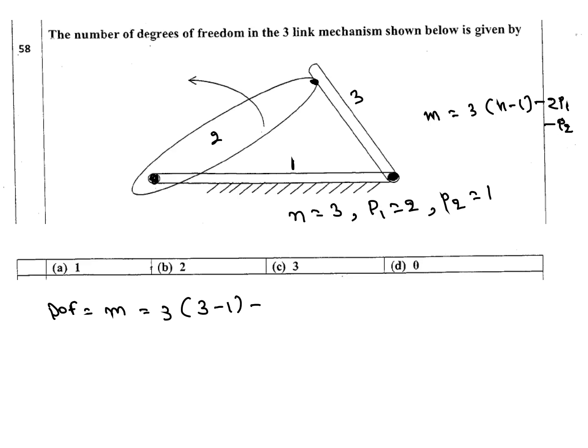Here this is point contact, so it's higher pair. 3 into 2 minus 4 minus 1. So 6 minus 5, 1. Degree of freedom is 1. A is our answer.